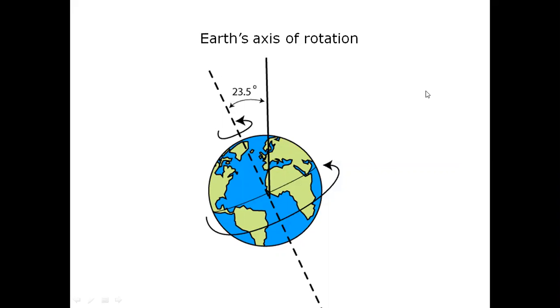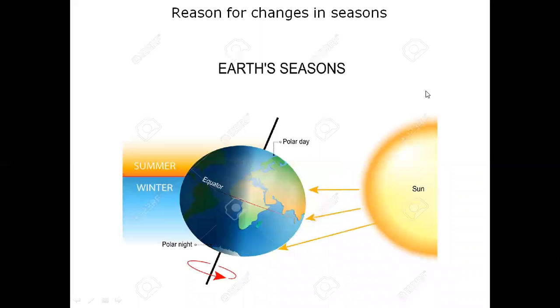So some of you may ask, what has this to do with the changes in season? Well, the Earth's tilted axis is the very reason why seasons change. For better understanding, let's look at the next picture. In this picture, this red line denotes the equator.